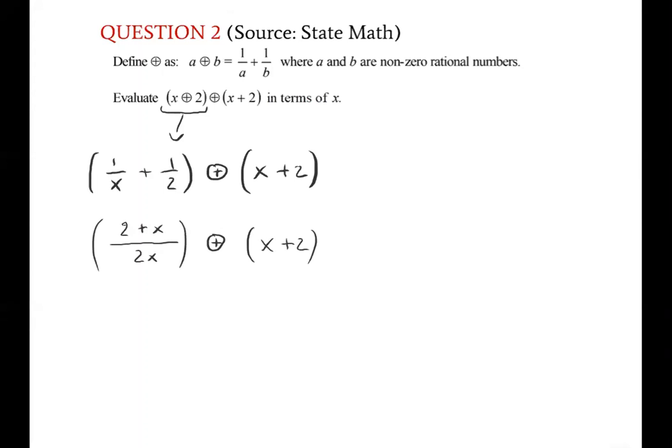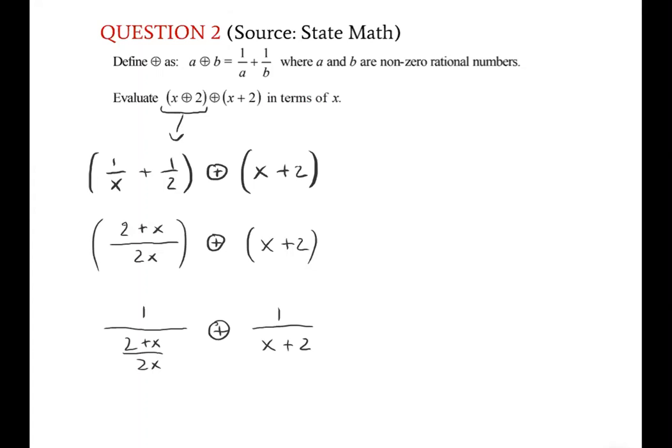And now we can do these together with this. So we will get 1 over 2 plus x over 2x, and 1 over x plus 2.